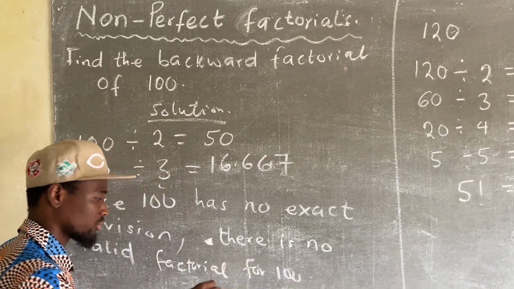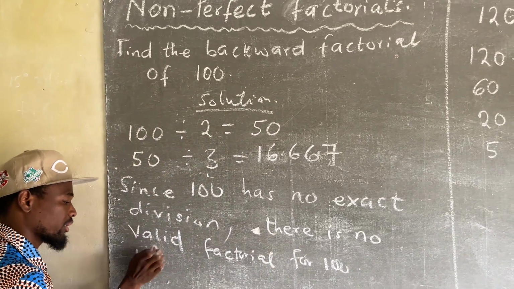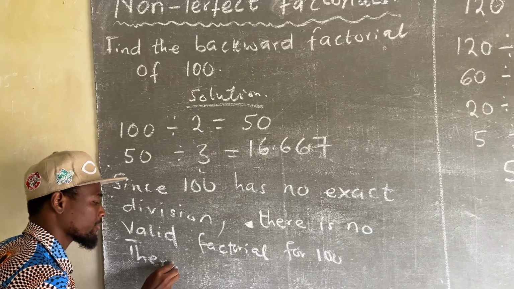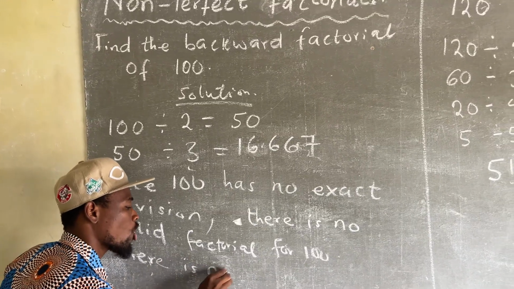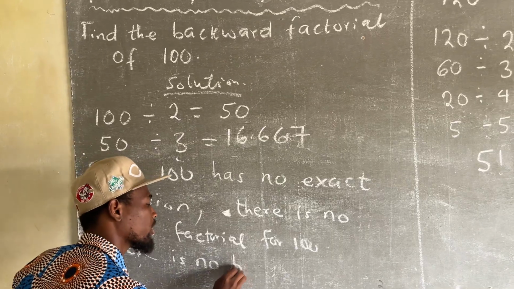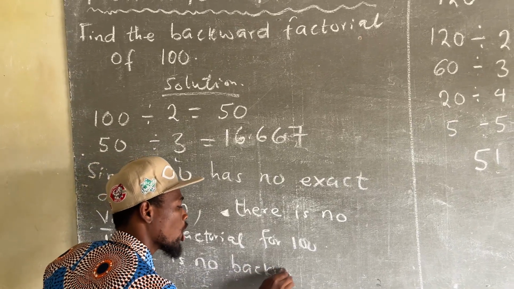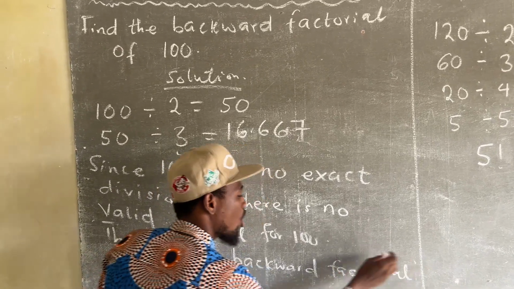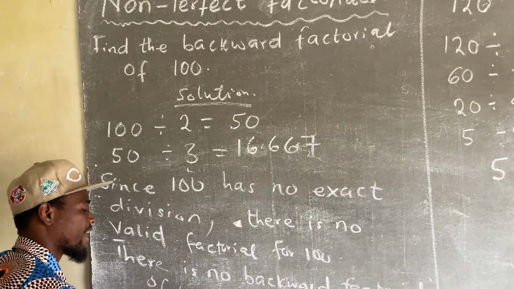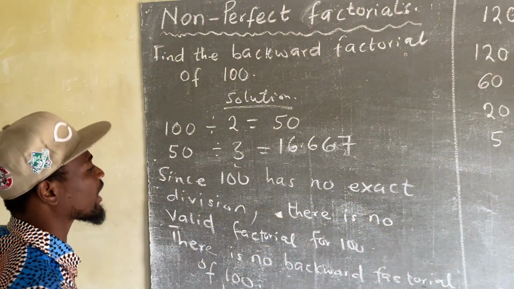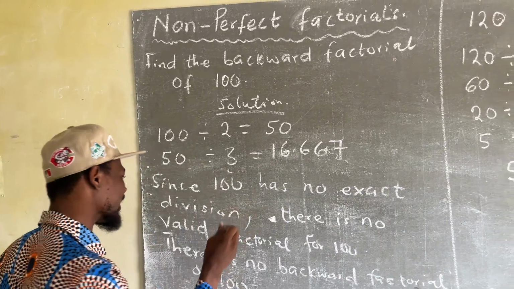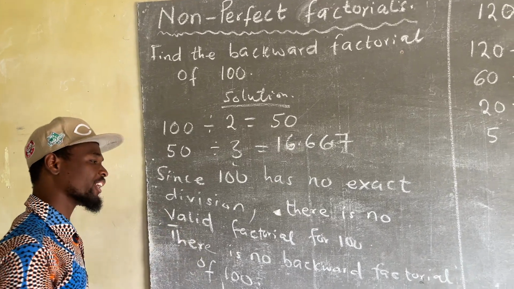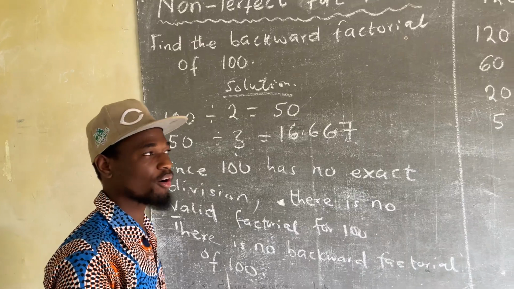In other words, there is no backward factorial of 100. As simple as that. So since 100 has no exact division, there is no valid factorial for 100. In other words, there is no backward factorial of 100.